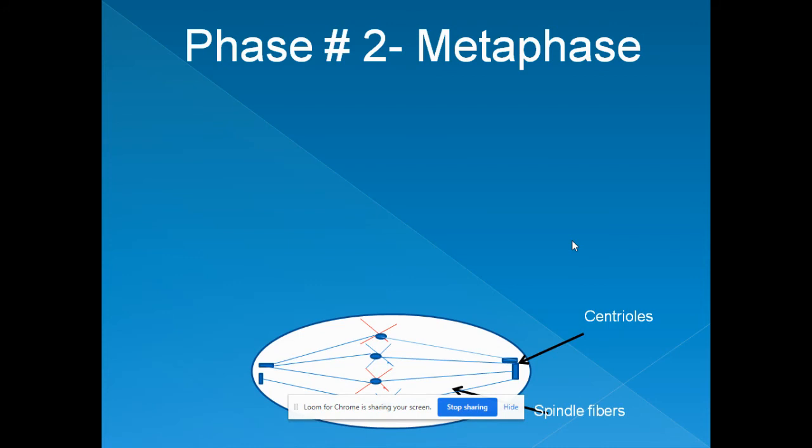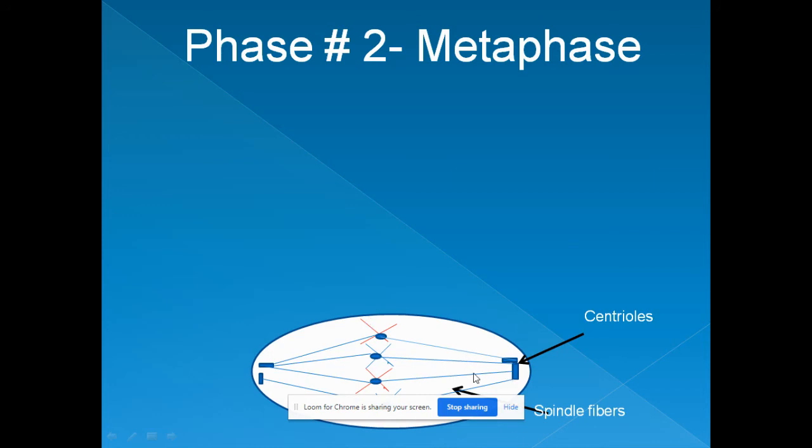The second phase is the metaphase. Just like I told you that prophase, pro means before, because that's the phase that comes before division. Metaphase, meta means middle, and during the metaphase, you will see now the centrioles in the edge of the cell, no nucleus anymore.